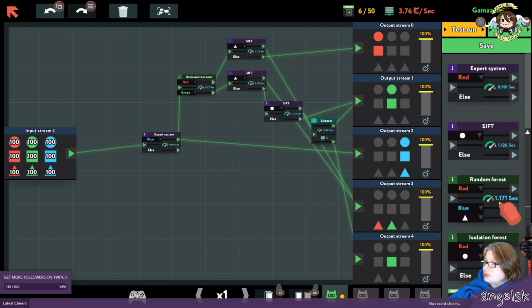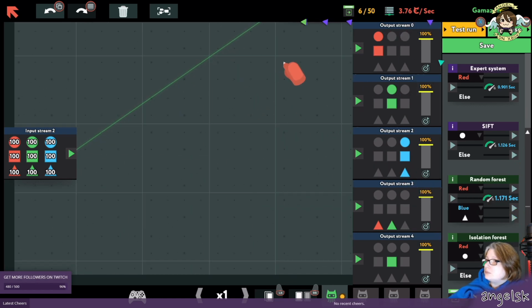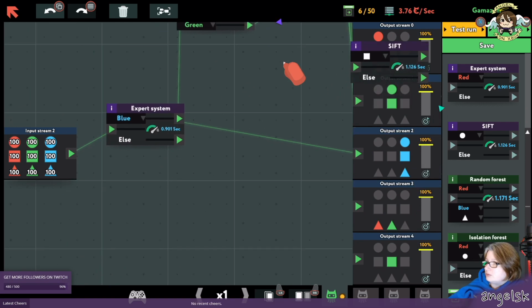Actually, there's not much in it. Sifts 1.2, random forest is 1.13.